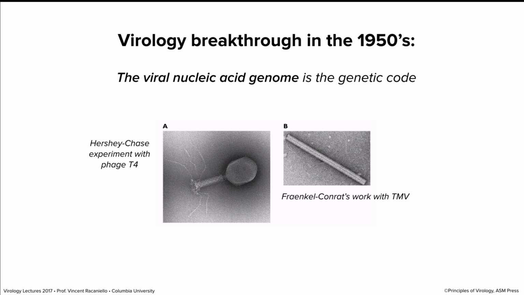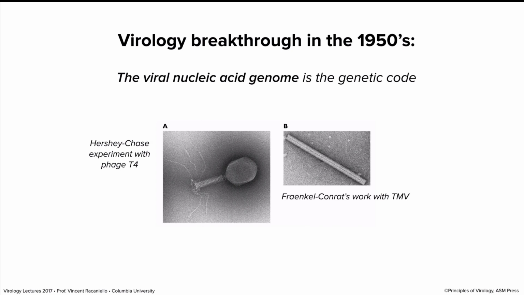On the right is a picture of tobacco mosaic virus, which you should remember was the first virus to be discovered at the end of the 1800s. It's an RNA-containing virus. And work that I'm not going to go into, done by Fraenkel-Conrat and his associates, showed that it's the RNA of TMV that is the genetic information. What he did was to take apart the RNA and the protein.